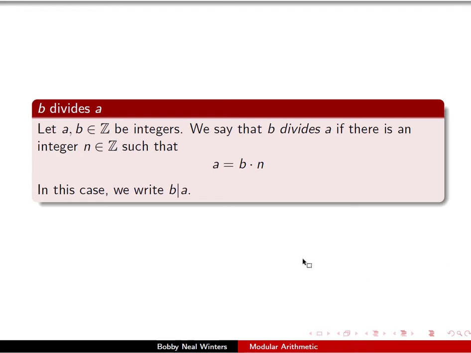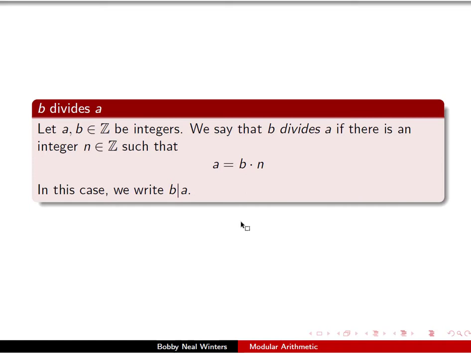In this case, we write b | a, and we read this as b divides a. So you're doing integer division, but there's no remainder left. This b divides a with no remainder, into an equal number of integer-sized pieces.